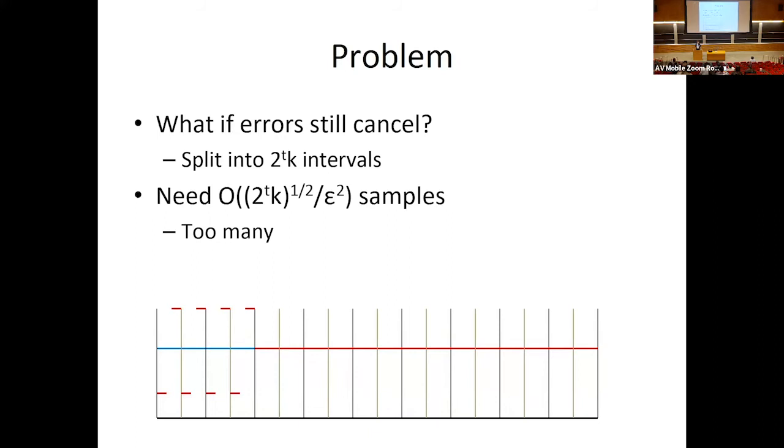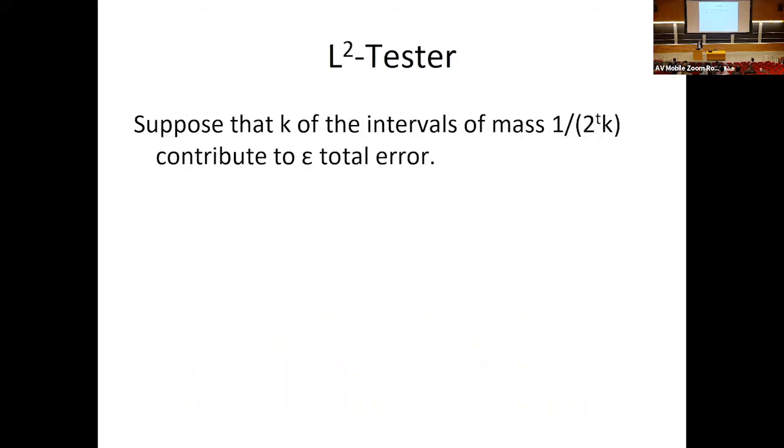If we pick t to be the right value, then this does capture epsilon discrepancy between P and Q, but it captures it on only k of these 2^t times k intervals. And if it's the case that k of these intervals, each of mass 1 over 2^t times k, contribute to this epsilon error.